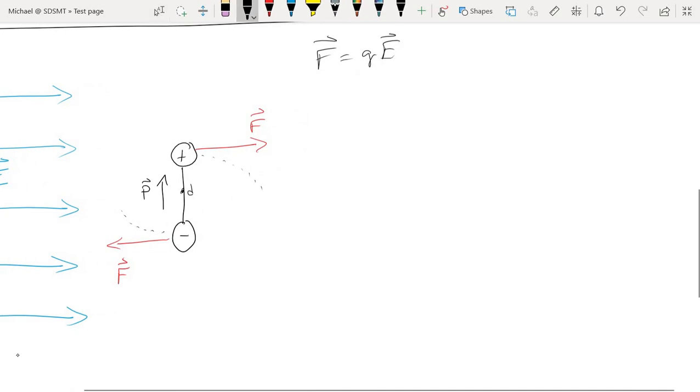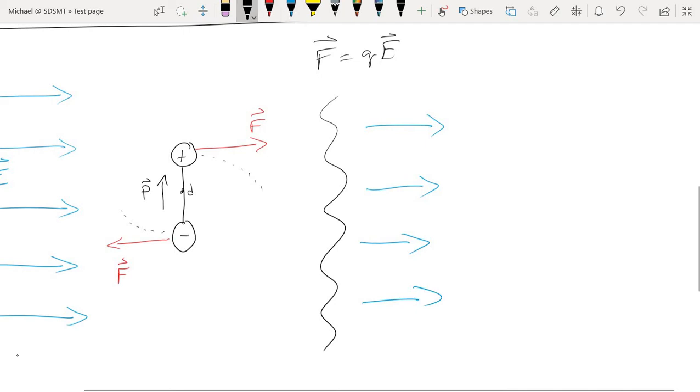Until at some later time, our dipole has rotated 90 degrees, but the orientation of the forces has not changed.